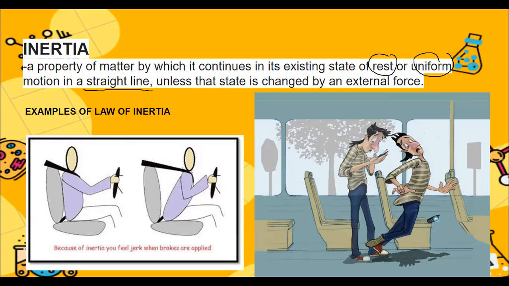The motion of the bus is constant until it speeds up or applies its brakes. Then there will be a change in motion, and it will cause you to go out of balance or fall, like what is on our screen.